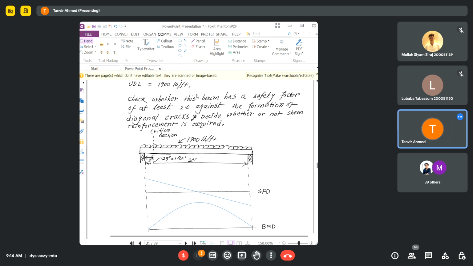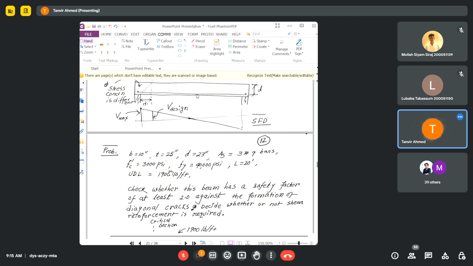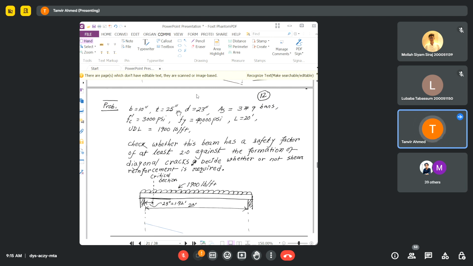As we said, for calculating the design shear force, we take a value at a distance d rather than taking a value exactly at the support. So the distance d is 23 inch, as the depth of the beam is given as 25 inch, and the effective depth is 23, so you have a cover of 2 inch.